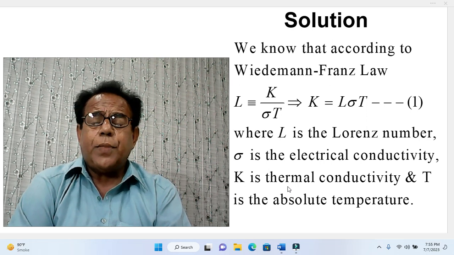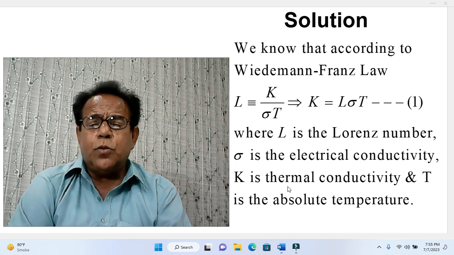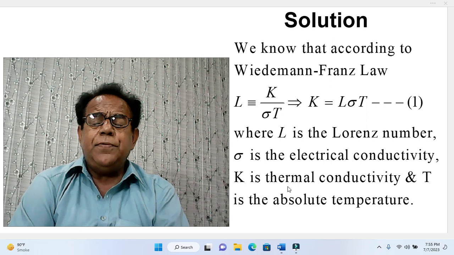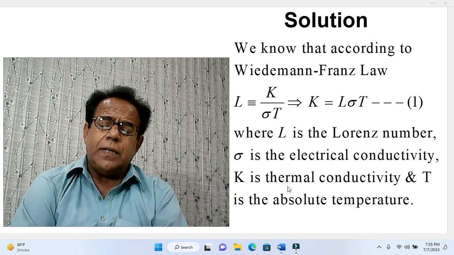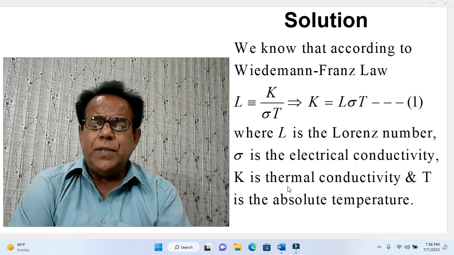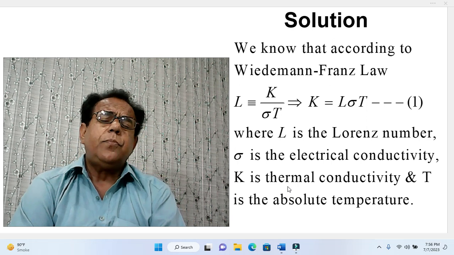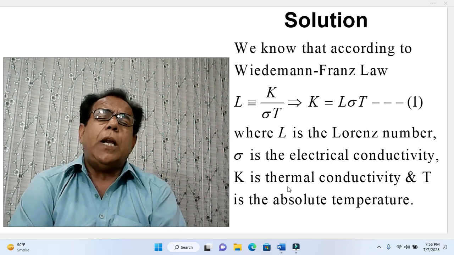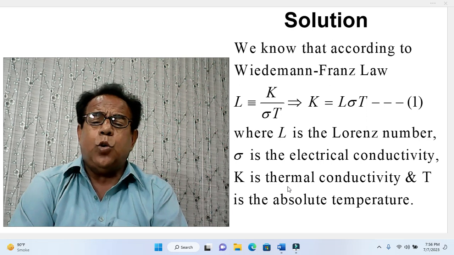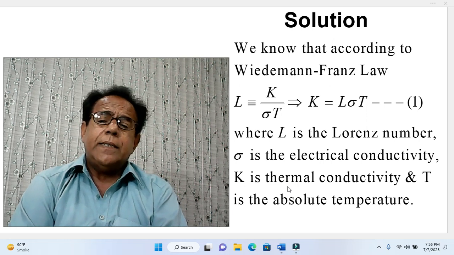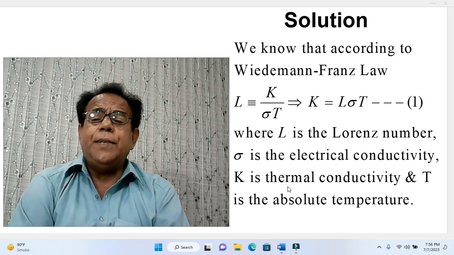If we say that L is equal to K over rho T, and if we say that L is defined as K over rho T, then definitely some difference exists.